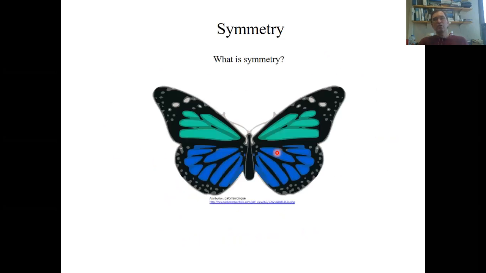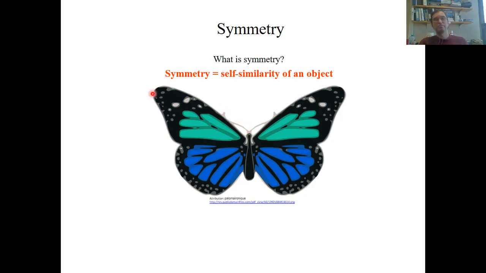Okay, so now how can we define symmetry? What is symmetry? Symmetry is a very familiar concept, but it's not always easy to find a common concept which is omnipresent scientifically. So one way to define symmetry scientifically is to say that it has to do with the self-similarity of an object.